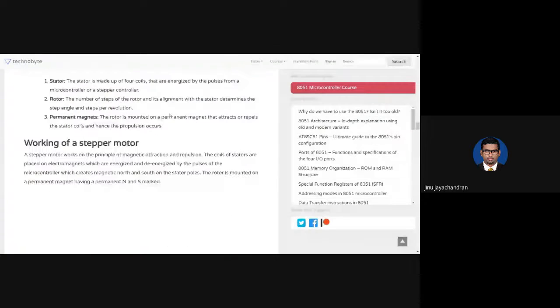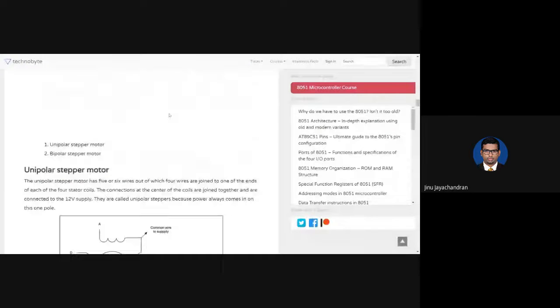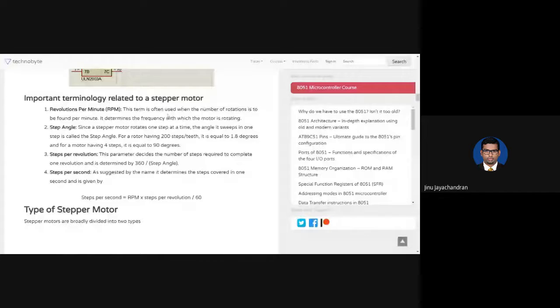So in a stepper motor, usually you will have 200 steps of rotation. That is, each step of your motor is 1.8 degrees. So you need to have 200 steps to complete one 360-degree rotation.